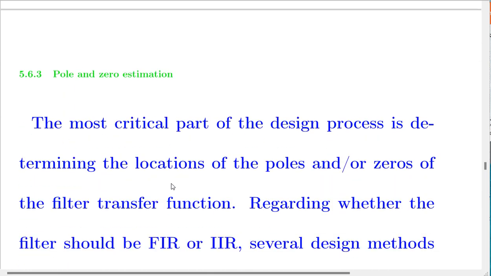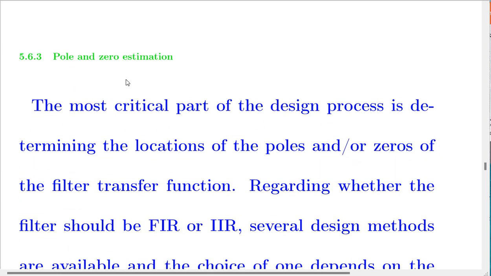Okay. Pole and zero estimation. The most critical part of the design process is determining the locations of the poles and or zeros of the filter transfer function.